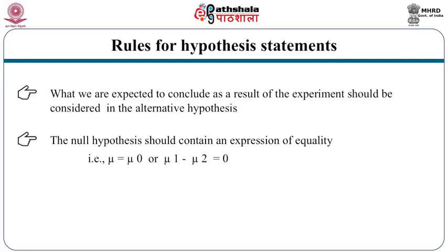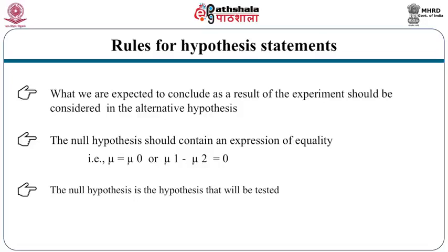Mu 1 may be the average of population 1, mu 2 the average of population 2. When we say mu 1 minus mu 2 equal to 0, that means our null hypothesis is that there is no difference between the two means of the two populations. So, the null hypothesis is the hypothesis that will be tested.